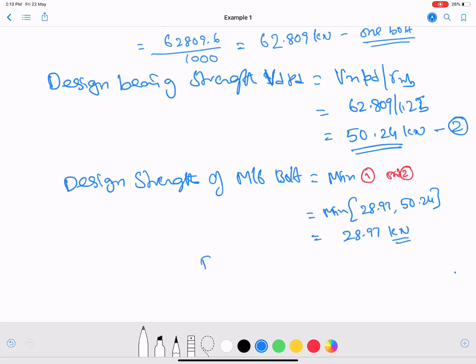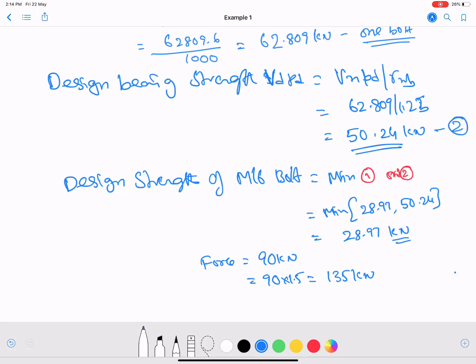What is the force we have? Equal to 90 kilonewtons, and if you multiply it by 1.5 as a factored load, then it comes around 90 into 1.5, which is actually 135 kilonewtons.